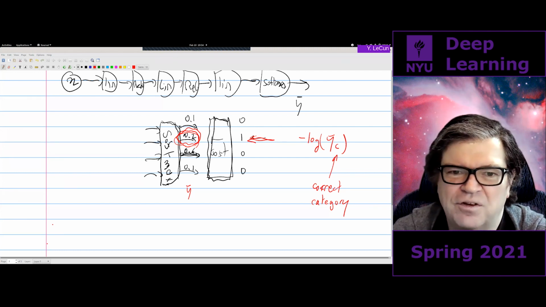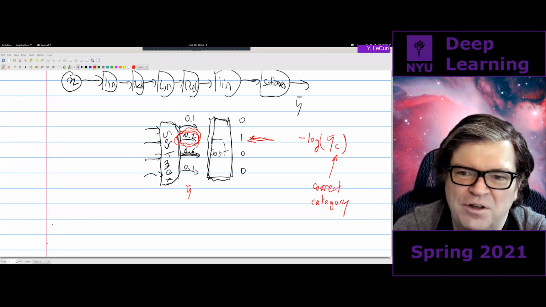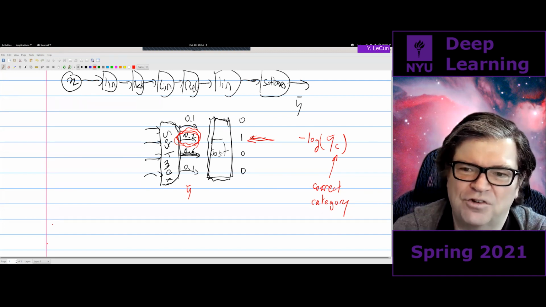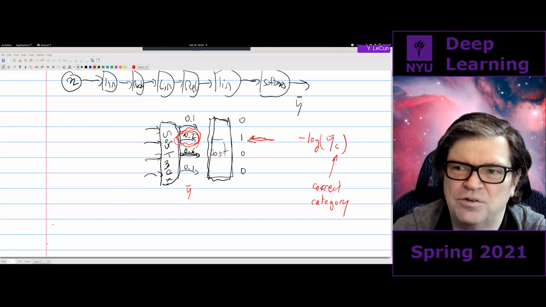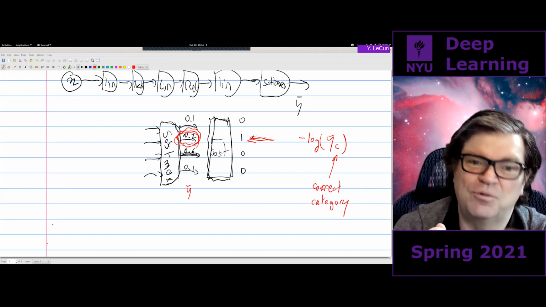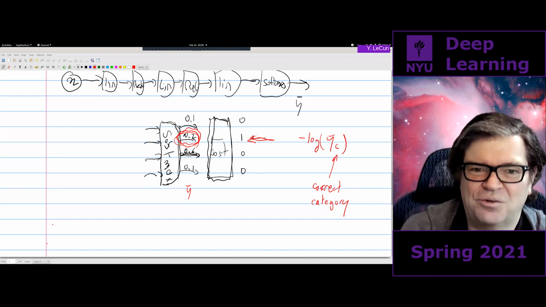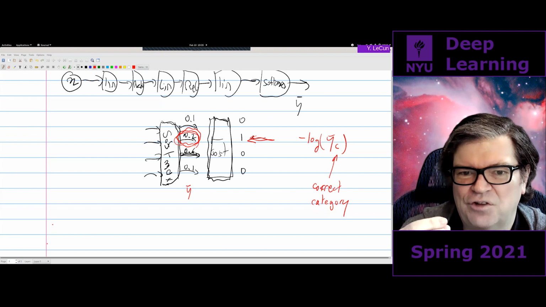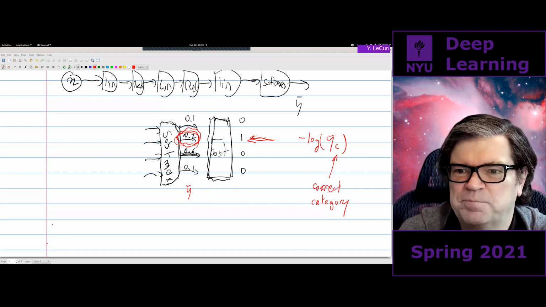I want to make this output of the softmax as large as possible. And the way I make it as large as possible is that I plug it into a loss function that is the negative log of this output. And if I minimize this negative log, I'm going to maximize the y_C, the 0.2 is going to get bigger. And as a consequence, the other ones are going to get smaller because it's normalized. Okay?